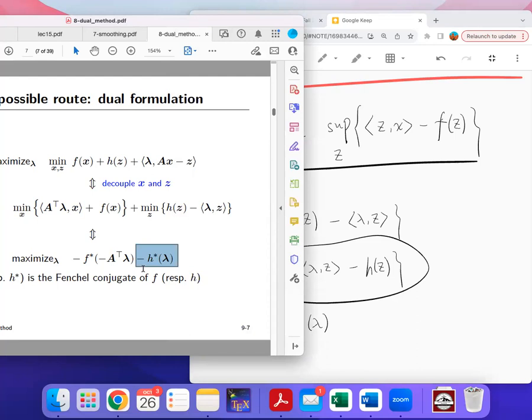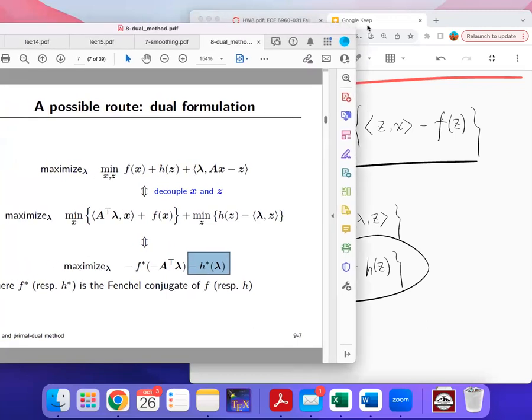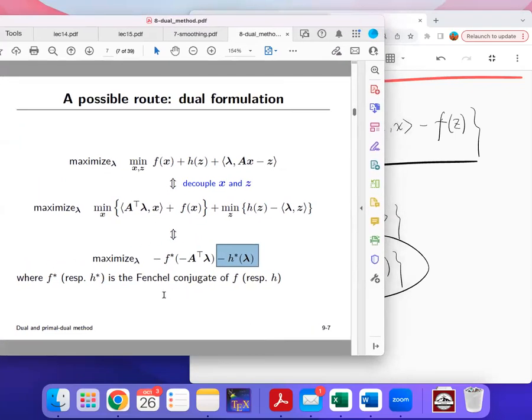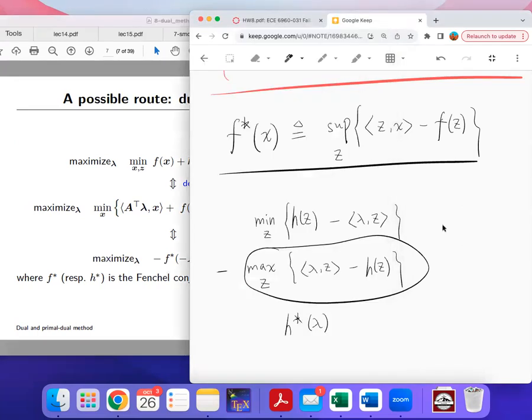So the dual form is always connected to the conjugation. And for the first term, we do the same thing. So it's negative f star of negative A transpose lambda. Just rewrite it into this standard form, and you will see that this f star and h star are what we call the conjugate functions.